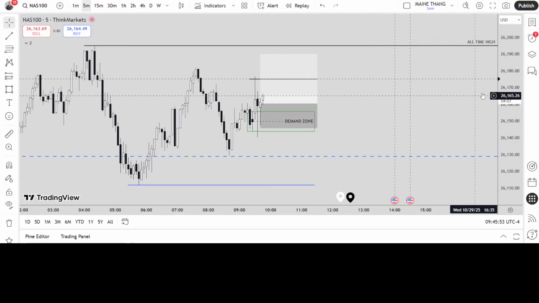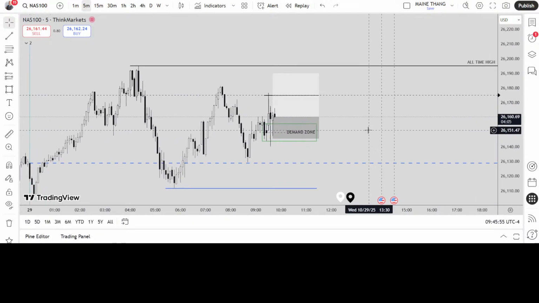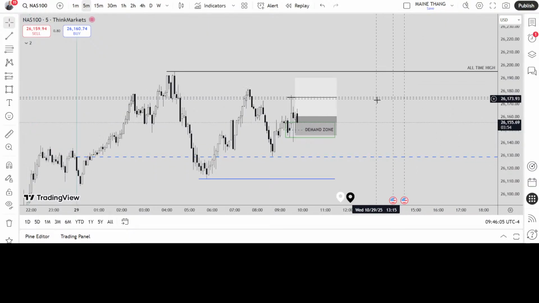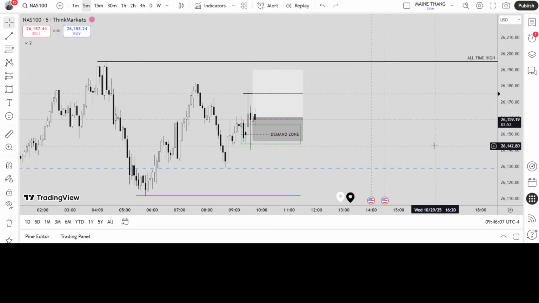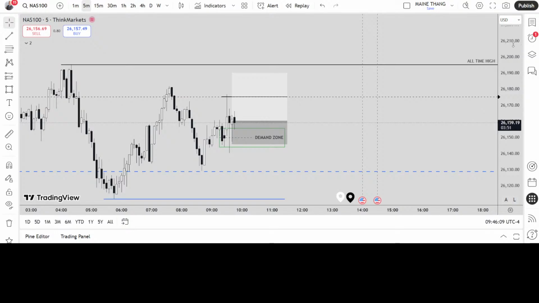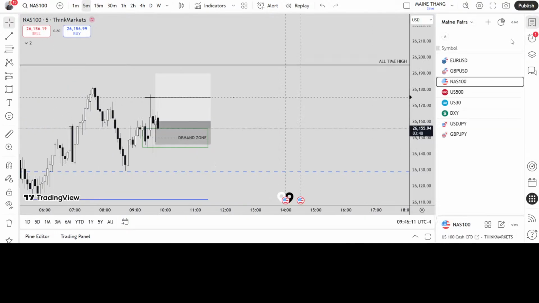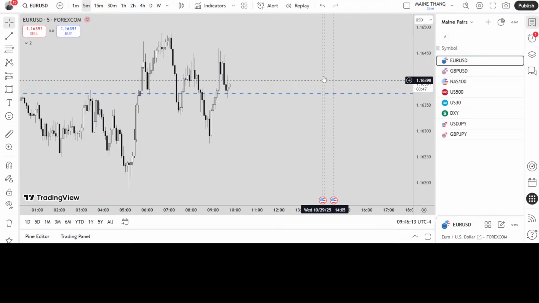So I want to check out Euro USD, even though I don't trade it. That's my secondary pair that I look at, because the strategy works on all pairs. All right, that's an alert. I'll be back, NQ. I'll be back.